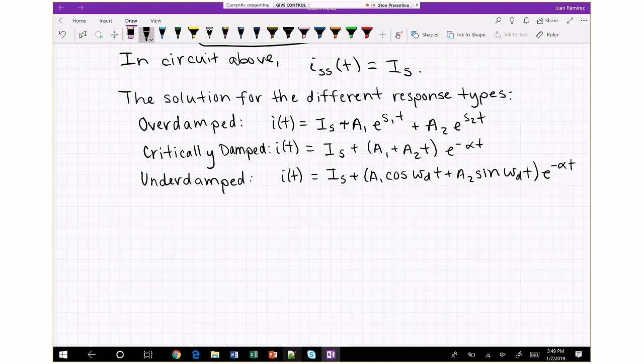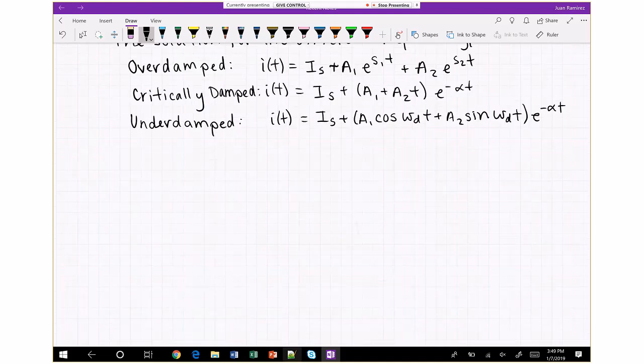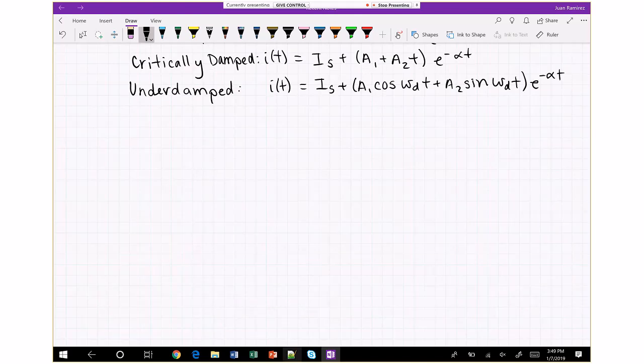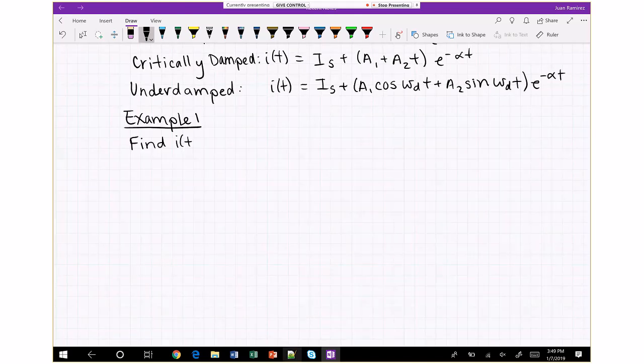Okay, for this one, let's do one example. Example 1. We want to find I of t, and the example looks like this.